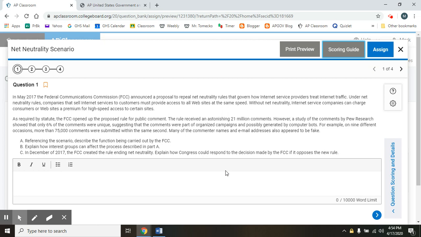They could restore net neutrality by law, okay? Remember, why does the FCC or any bureaucratic agency have rulemaking power in the first place? Well, it's because Congress doesn't want to get into the details sometimes in a law. They create broader, maybe more vague laws, and they let the bureaucrats, who are the so-called experts, kind of fill in the details and figure out how things are going to work out.